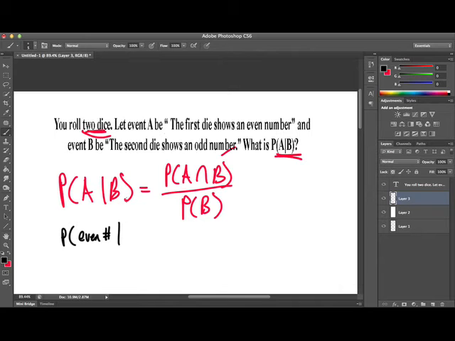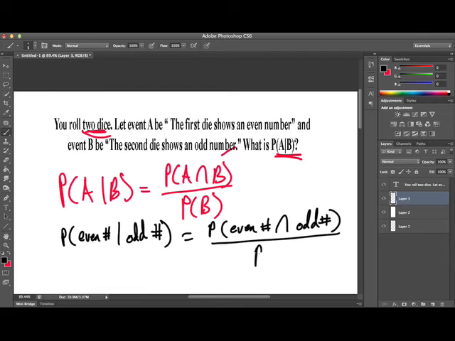And your B event, it says odd number on the die, which equals the probability of even and odd, all over the probability of your odd.